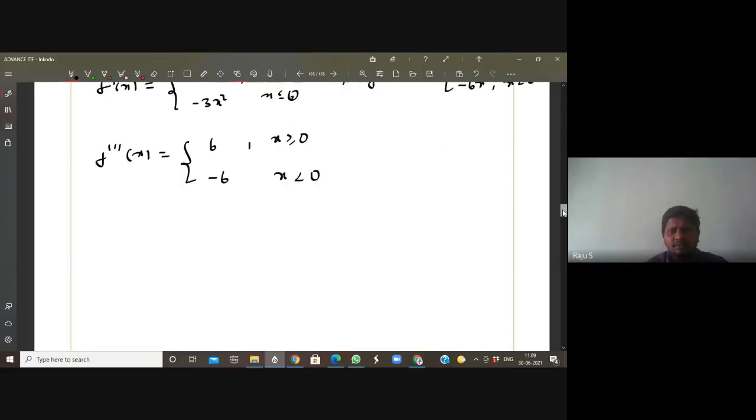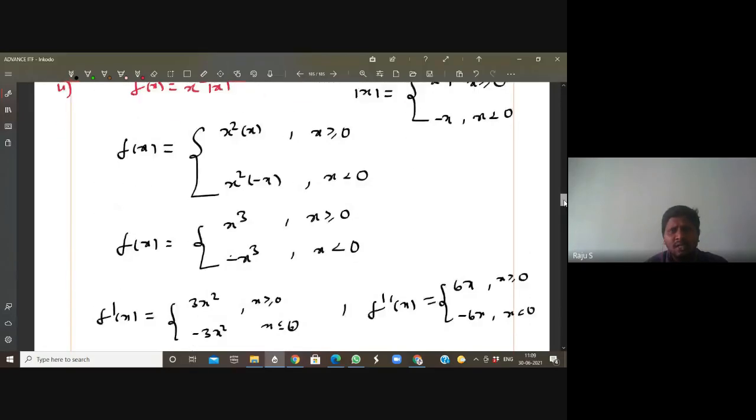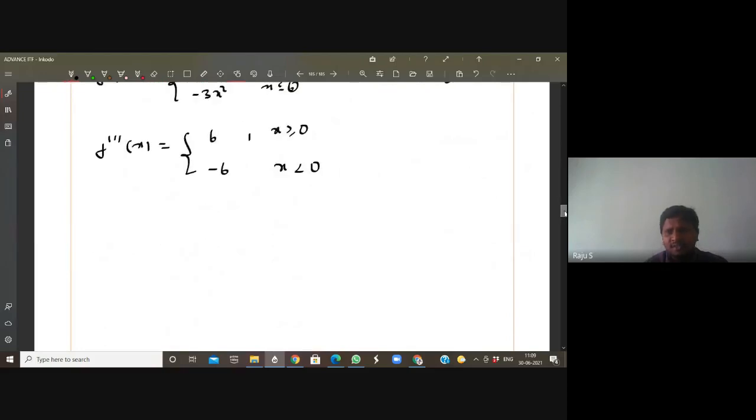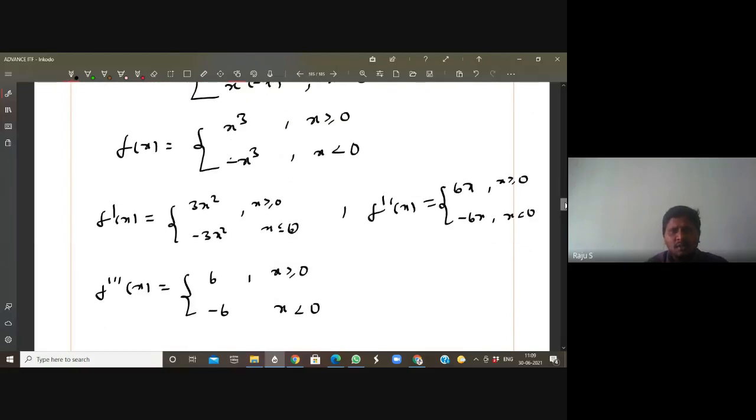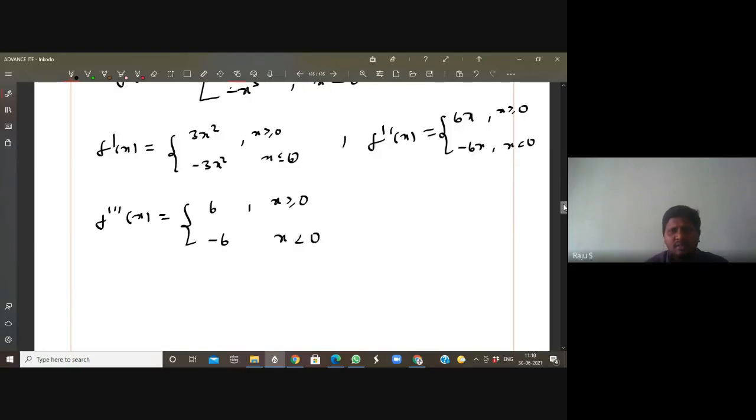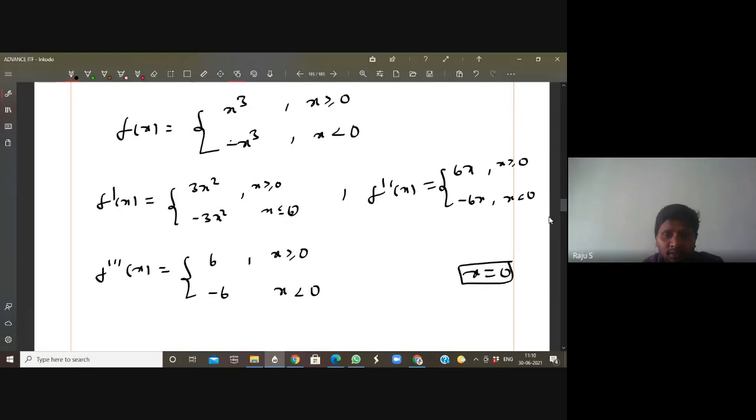Okay, student. Now can anyone tell me what about the function? Is it differentiable at x equal to 0? Is it differentiable thrice at 0? Yes?